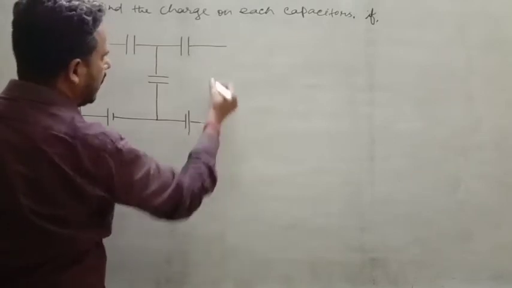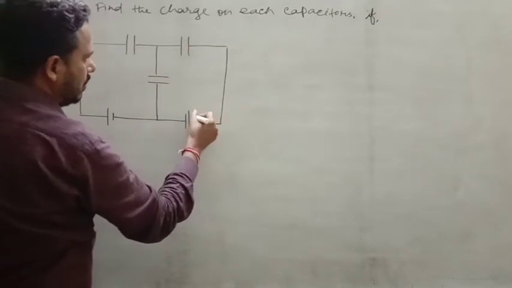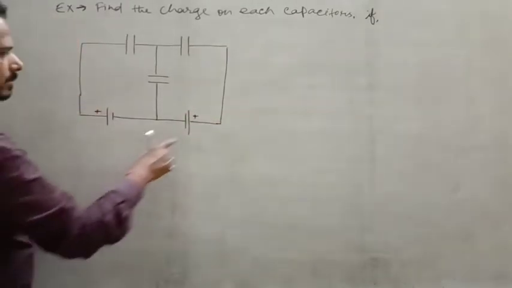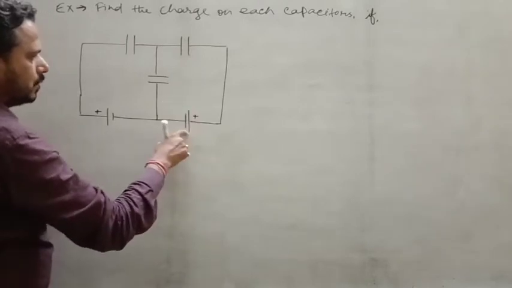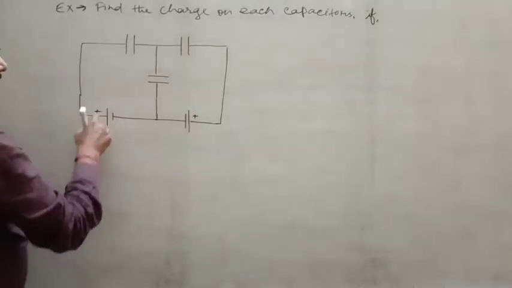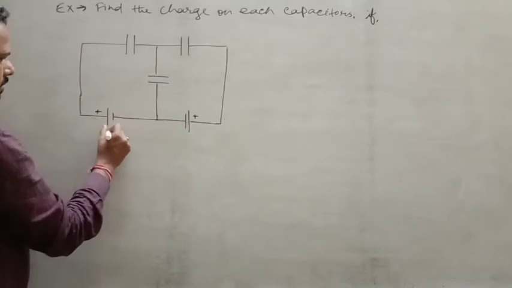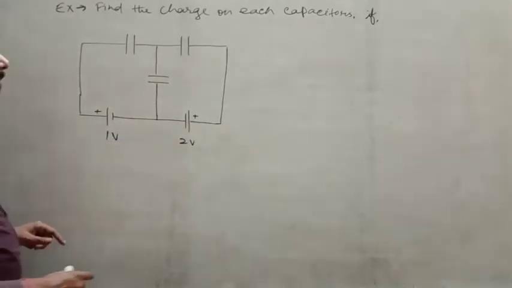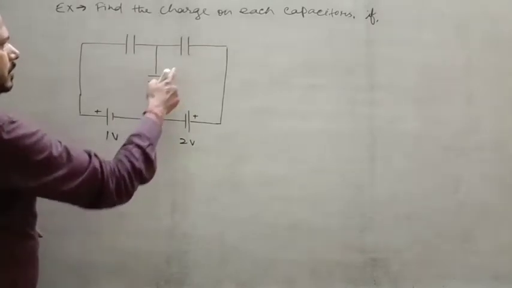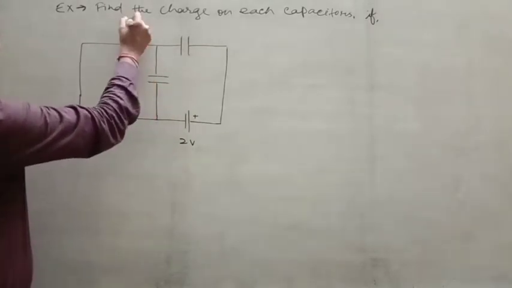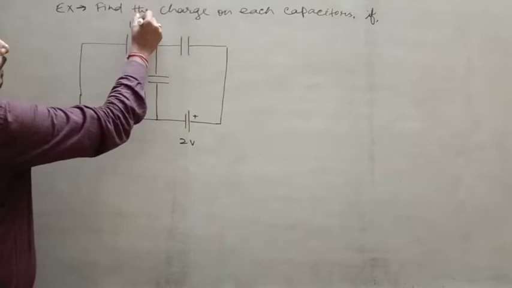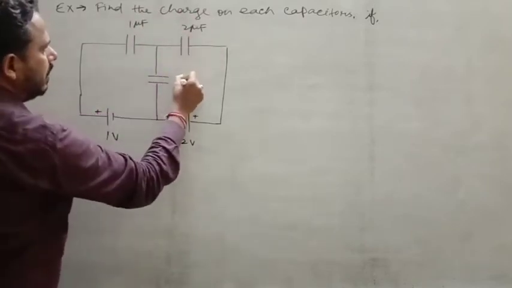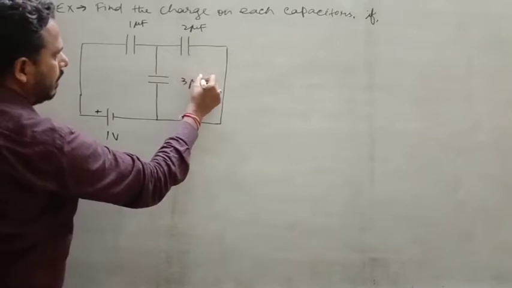This one is the positive terminal of each of these two EMFs, with magnitudes of 1 volt and 2 volt. These are three capacitors with capacitances 1 microfarad, 2 microfarad, and 3 microfarad.